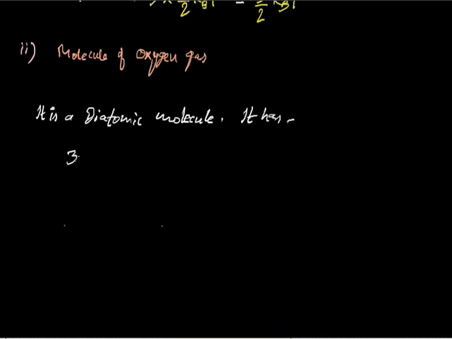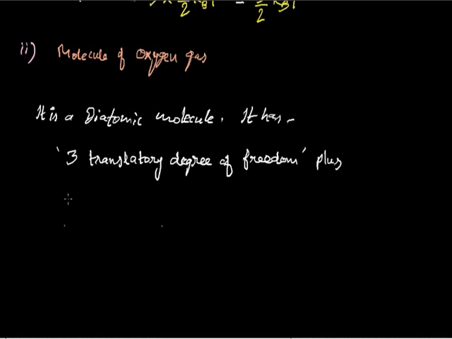It has three translatory degrees of freedom because it can move in any of the three-dimensional directions in a straight line, and also it has two rotational degrees of freedom.